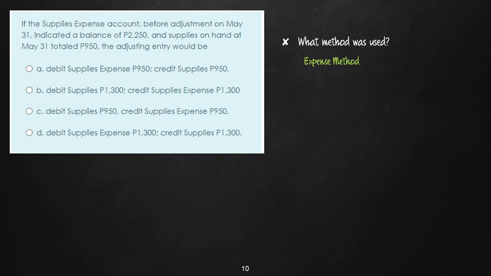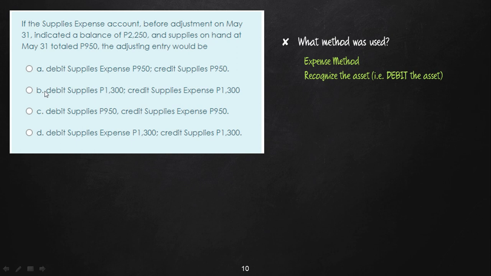And remember, kung expense method gani, unsa ganito atong i-recognize when we do the adjustment? Okay, in the adjusting entry, if the business uses expense method, then we recognize the asset. And how do we recognize the asset? We debit the asset.